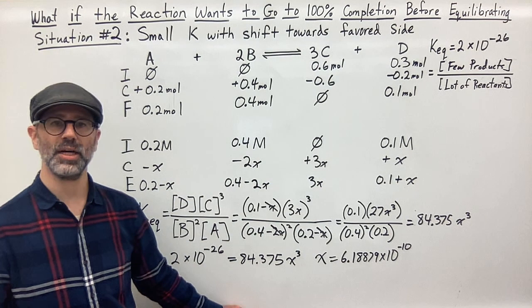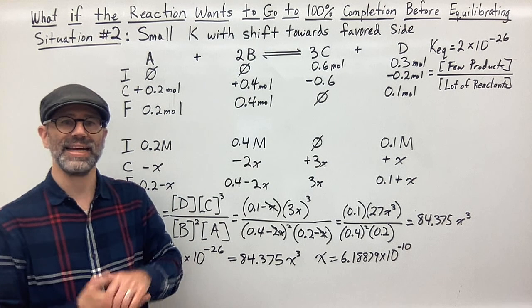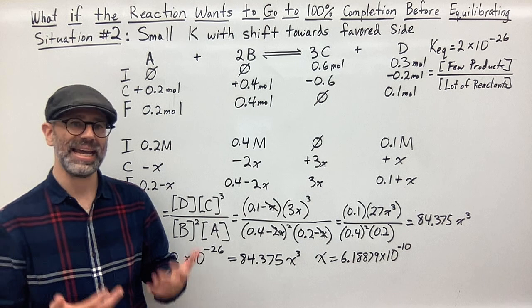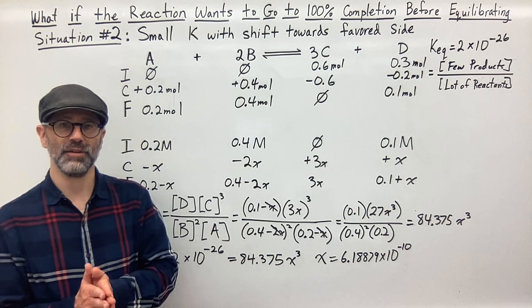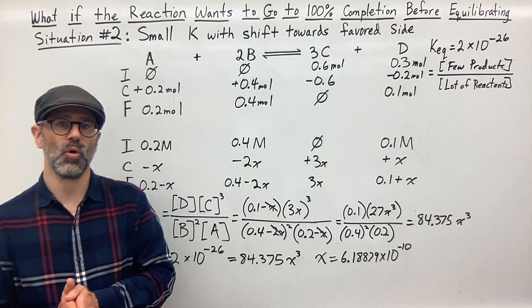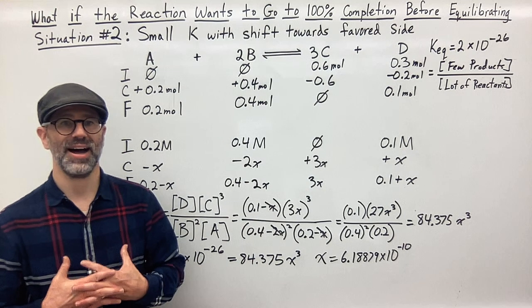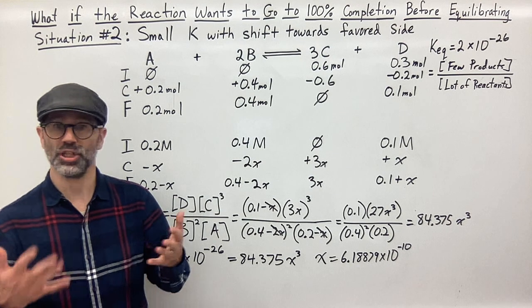And that's how it's done, ladies and gentlemen. I hope this was helpful. And again, the rule of thumb is if you have a K value, whether it's small or large, if the shift of the reaction is towards the favored side, you're going to have to do a stoichiometry table first, using moles.